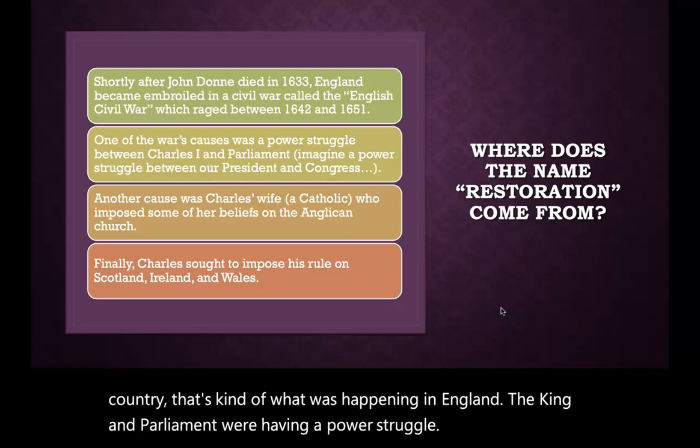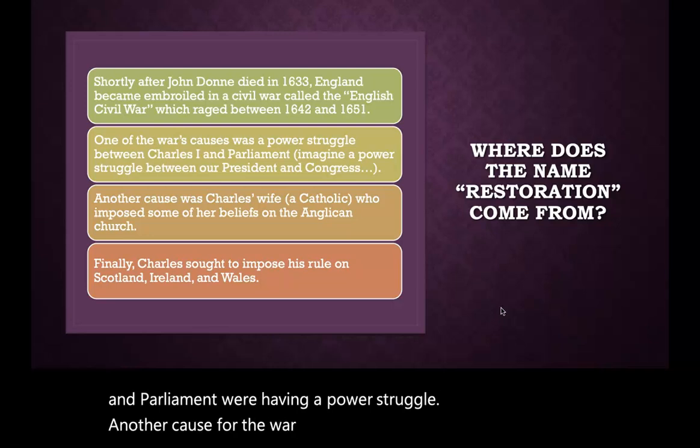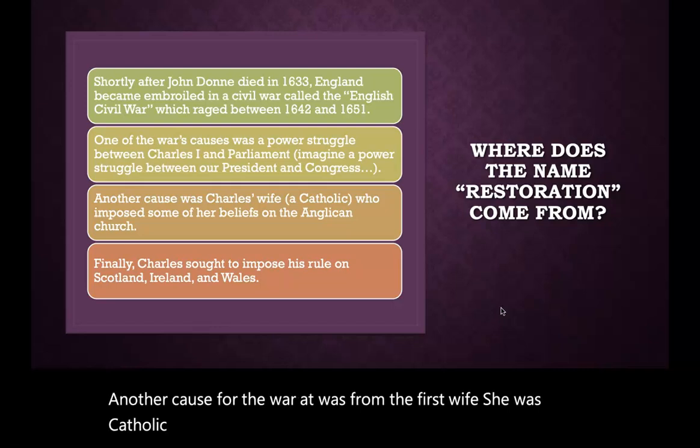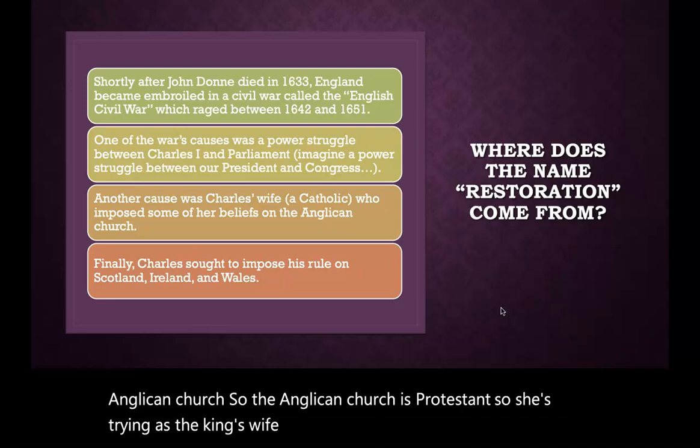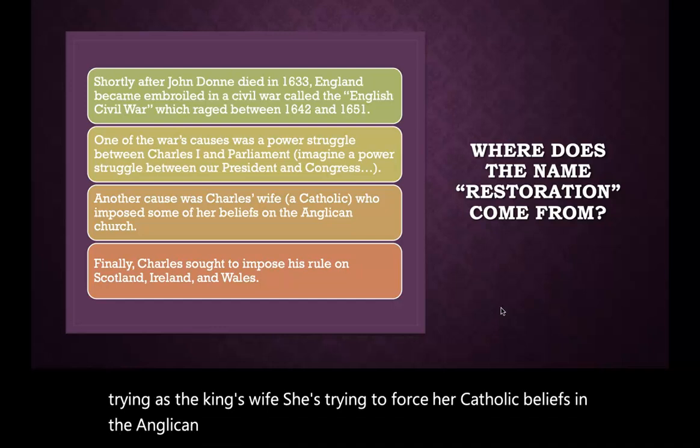Another cause for the war was Charles I's wife. She was Catholic, and she was trying to impose her Catholic beliefs on the Anglican Church. The Anglican Church is Protestant. So as the king's wife, she was trying to force her Catholic beliefs into the Anglican Church, and that caused a lot of angst, a lot of anger in the community.